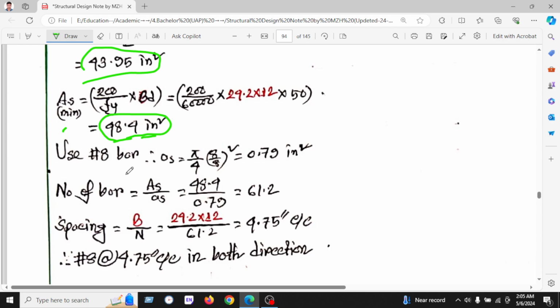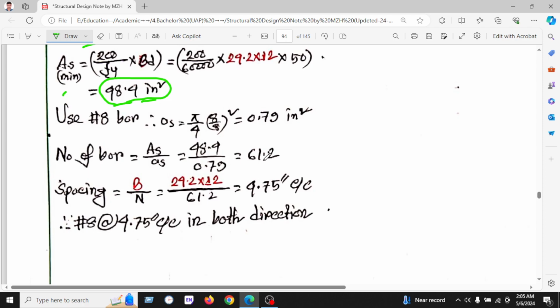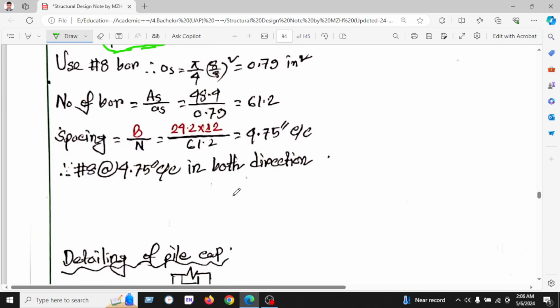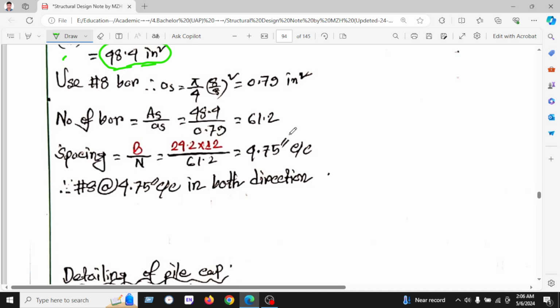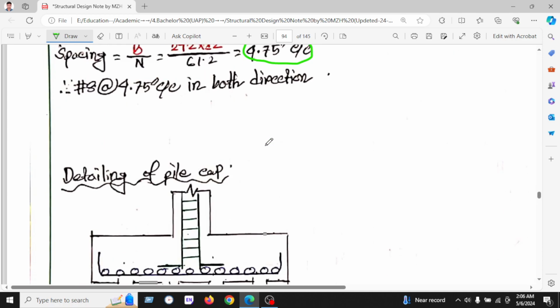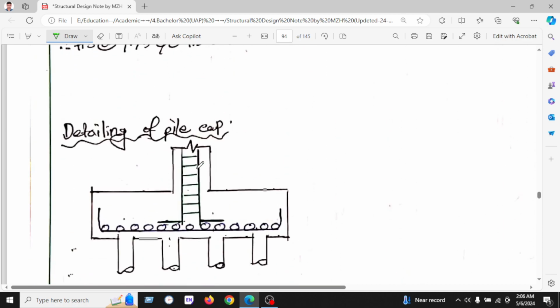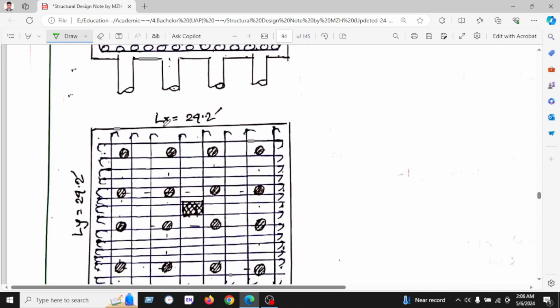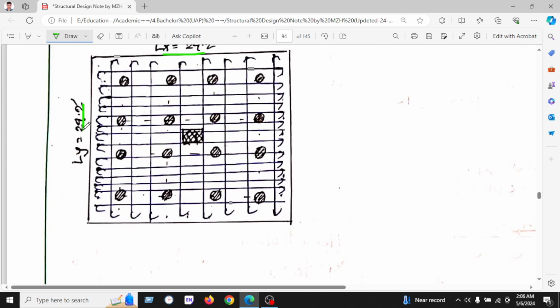Use a number 8 bar, and the area of an 8 bar is 0.79 inches squared. So the number of bars is 61 or 62. Spacing B by 2, which is 4.75 inches, center to center in both directions. Here is our pile cap, and the pile cap length is 24.2, and Ly is the same.